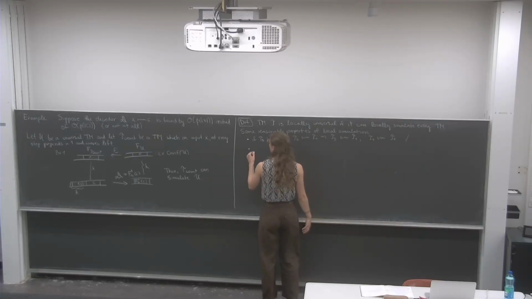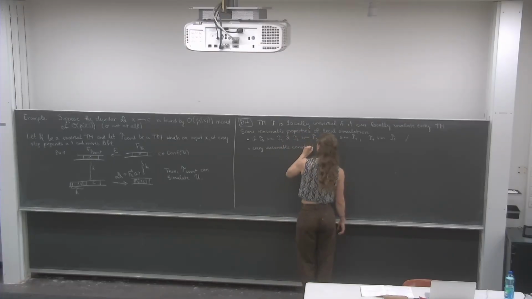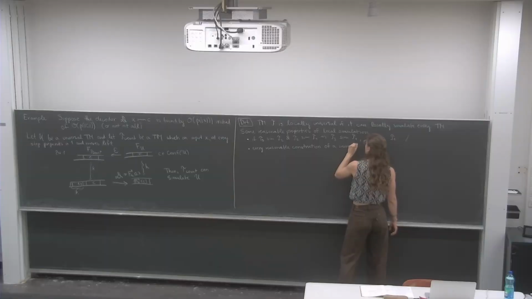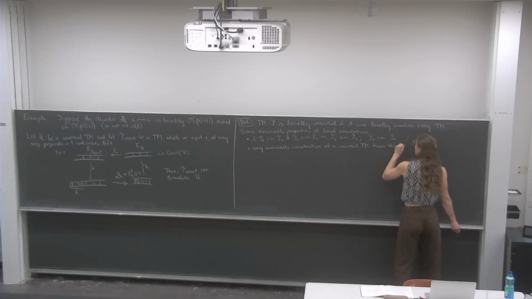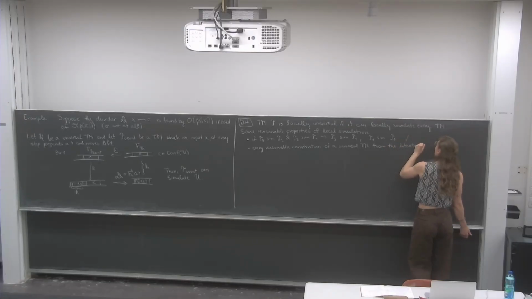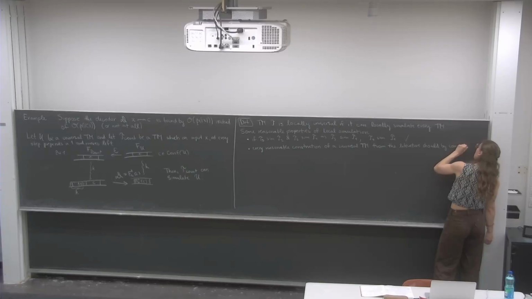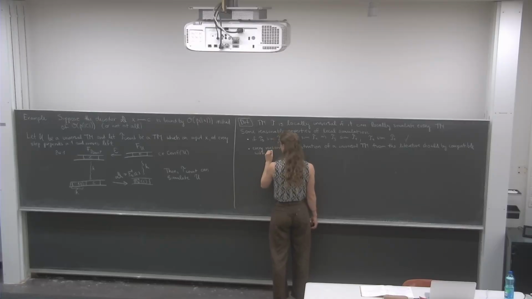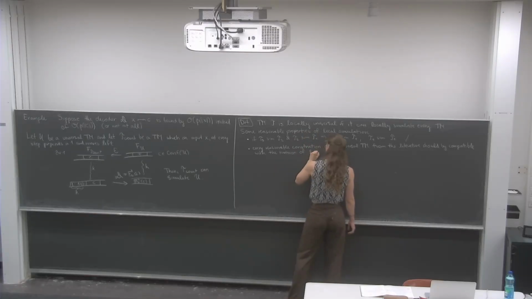Second of all, every reasonable construction of a universal Turing machine from the literature should be compatible with this notion of local universality.